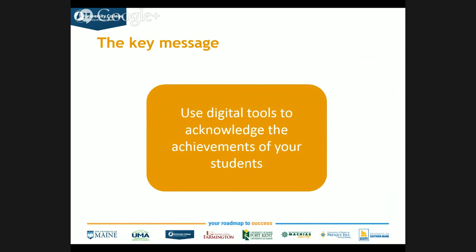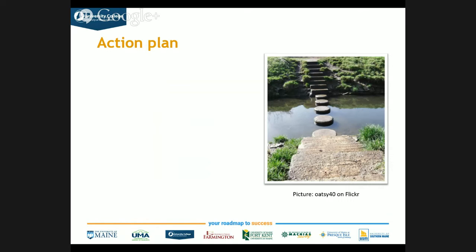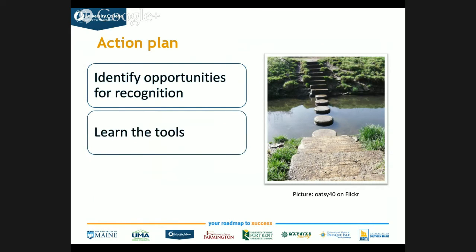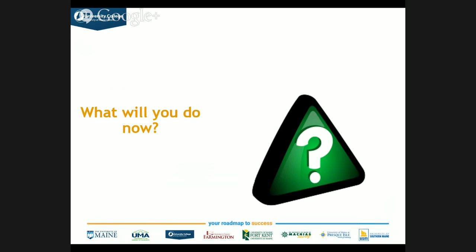So what next? If you want to get started, you'll first need to identify opportunities for recognition in your classes. Next, you'll need to learn to use one of the tools we talked about today. And finally, you'll be ready for implementation. So what will you do now? Would anyone like to share some thoughts about next steps?